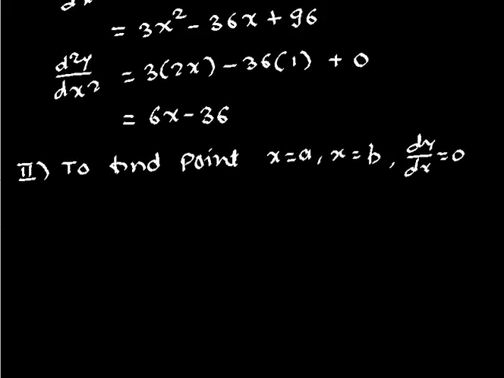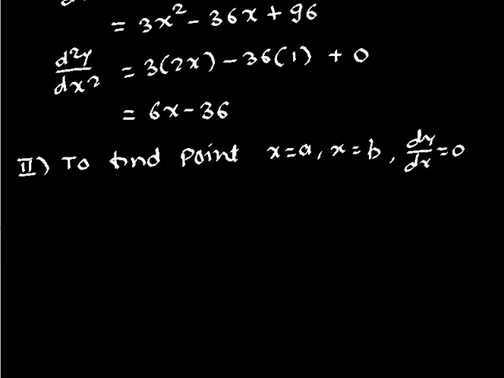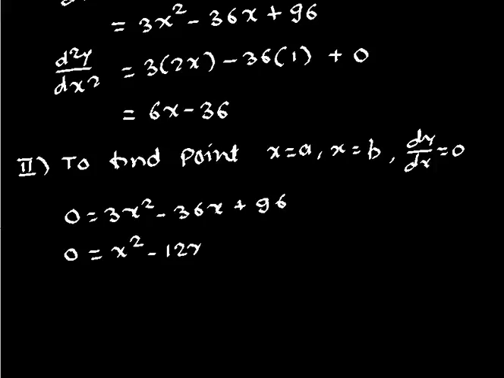For this we put the value 0 in this equation of the derivative. So 0 is equal to 3x square minus 36x plus 96. If we divide each term by 3, the equation gets simplified to x square minus 12x plus 32.